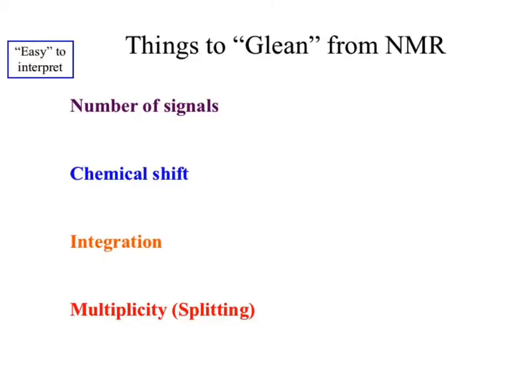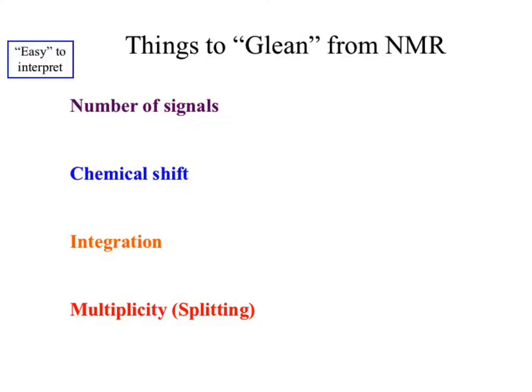So now we move into the next part, which is the fun part in NMR. What do we do with this? Well, there's really 4 big pieces of things you can get out of an NMR: the number of signals, the chemical shift, the integration, and the multiplicity. The number of signals: how many groups of peaks do you see? Each group corresponds to a unique type of hydrogen or carbon.